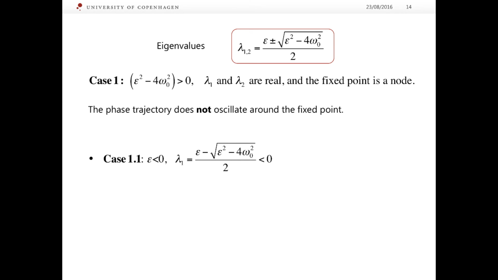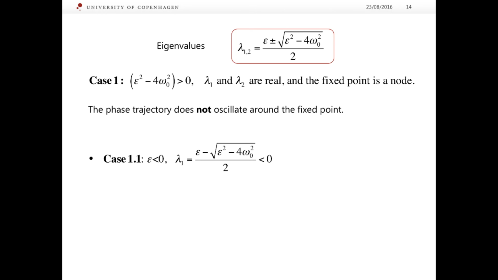Consider the first subcase. Suppose epsilon is negative, and to form the first eigenvalue lambda 1, we need to take epsilon and subtract the square root of epsilon squared minus 4 omega naught squared. Because epsilon is negative, the square root is real and negative, so two negative numbers added together will give us another negative number. So the first eigenvalue is negative here.